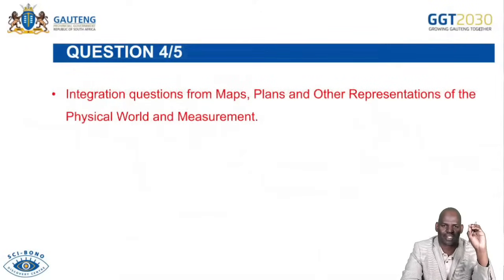So if you look at the structure of the question paper, if you prepare yourself for question 1, question 2, and question 3, automatically you'll be preparing yourself for question 4 as well as question 5. It's very, very important, because questions 1, 2, and 3 cover everything that is supposed to be done in paper 2.